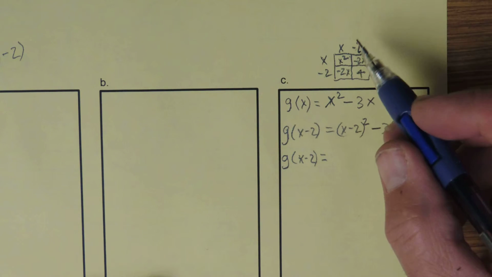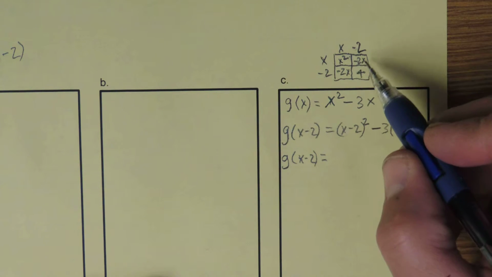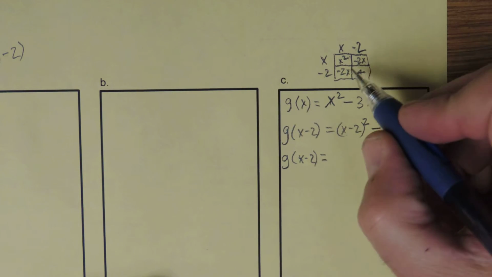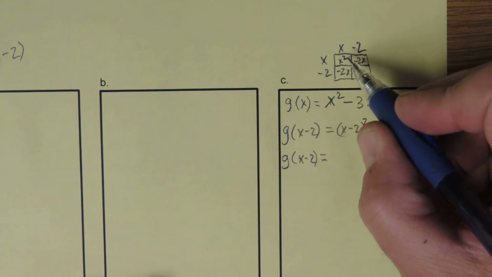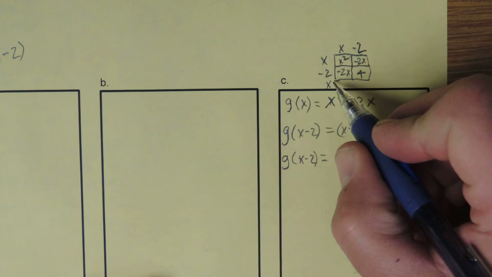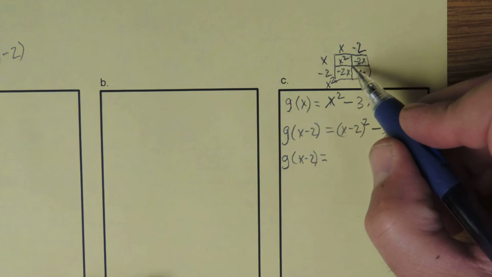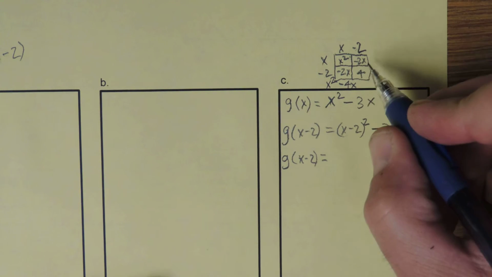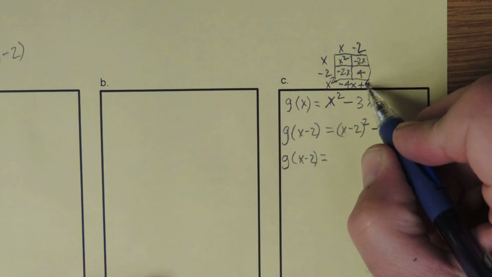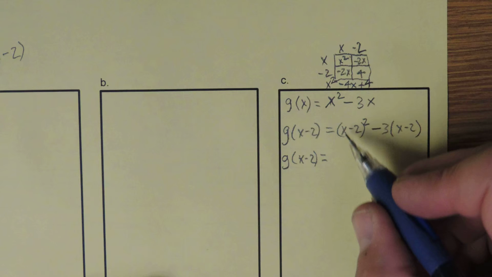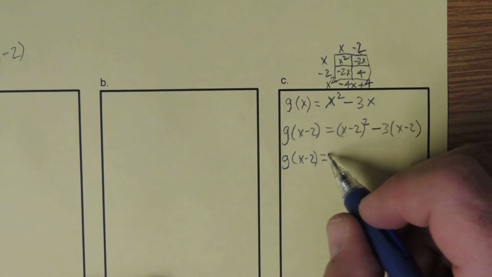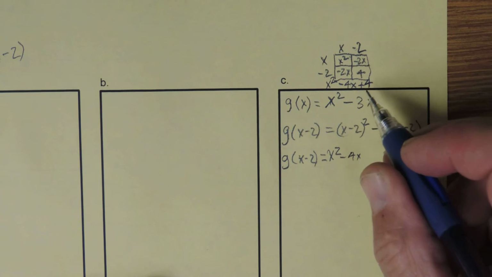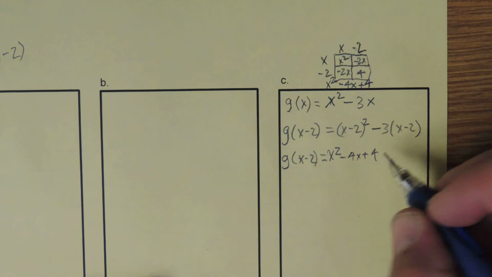In my box, x to the first power, x to the first power, I can add those together. I only have one x squared, so I have x squared minus 2x minus another 2x gives me minus 4x, and then I have plus 4. So x minus 2 squared is x squared minus 4x plus 4.